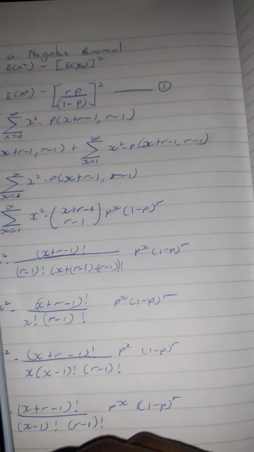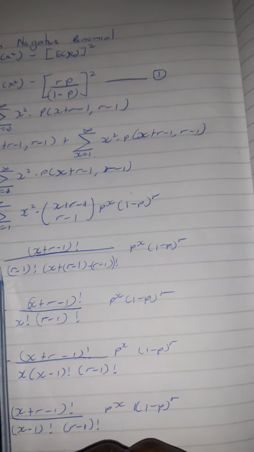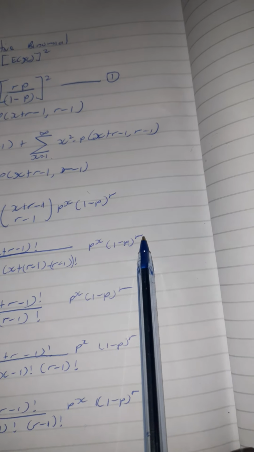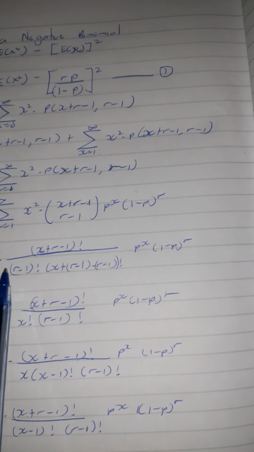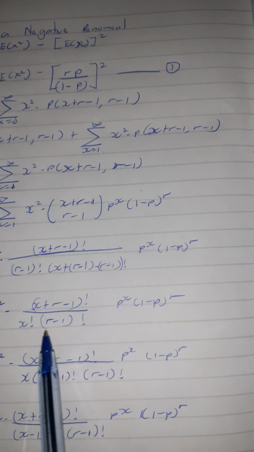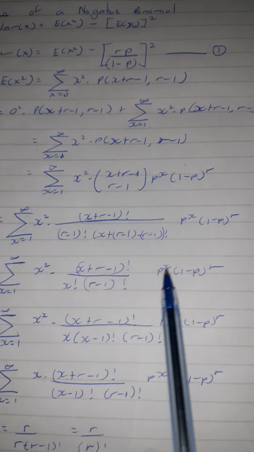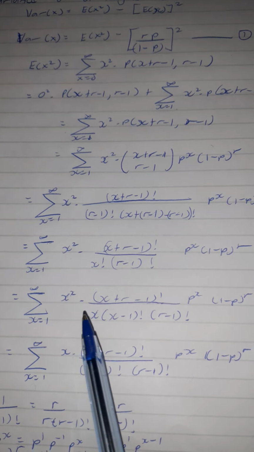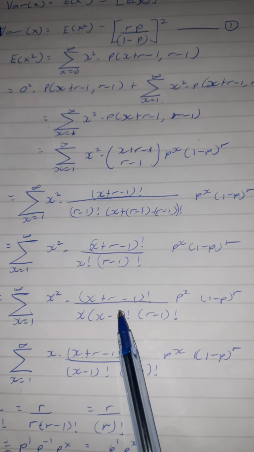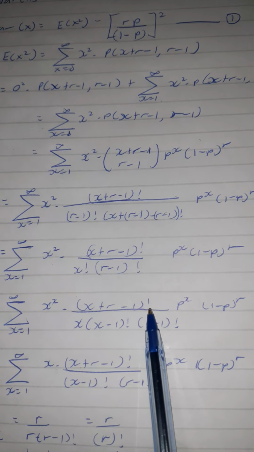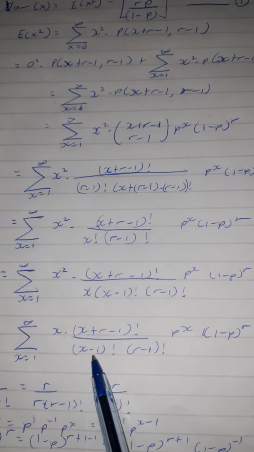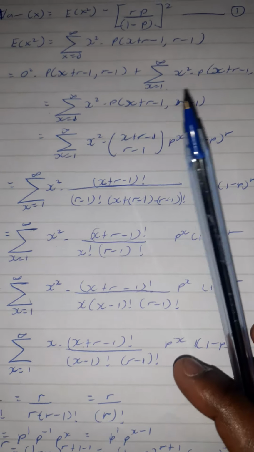And we can expand it, which we can simplify: r1 cancels out with r1, leaving us with this expression down. And we can later on pull out an x so that it cancels out with this squared, which you can see on here, leaving us with this.